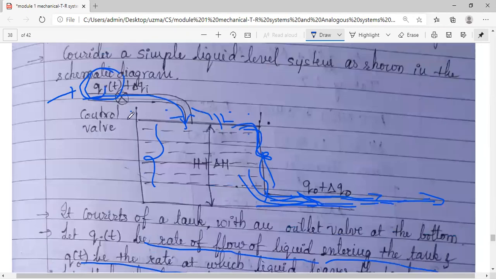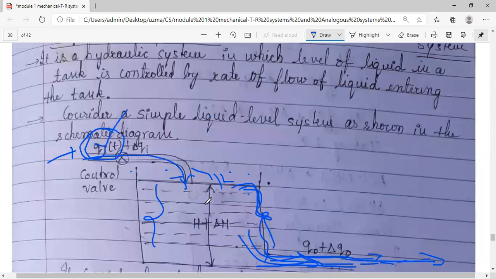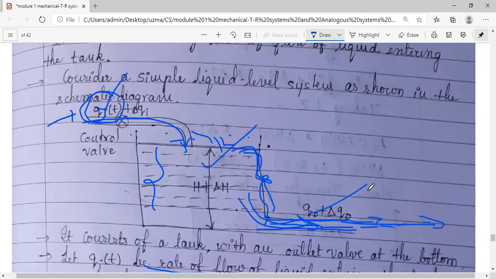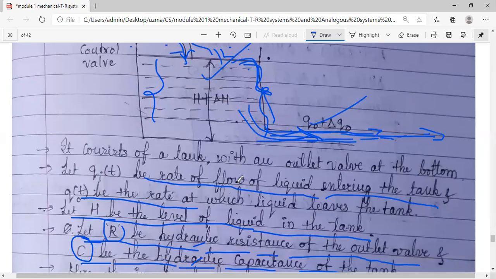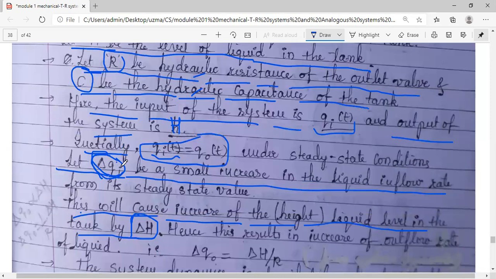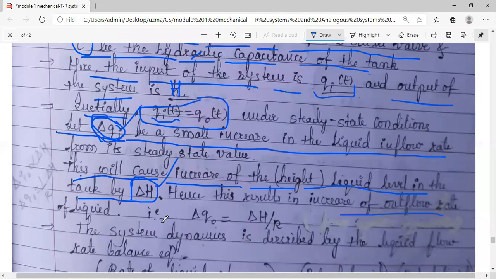So an increase in Qi will increase the height and will also increase the amount flowing out. So all three things will be increased: delta Qi as the increase in the flow, delta H the height, and also the outflow will increase.